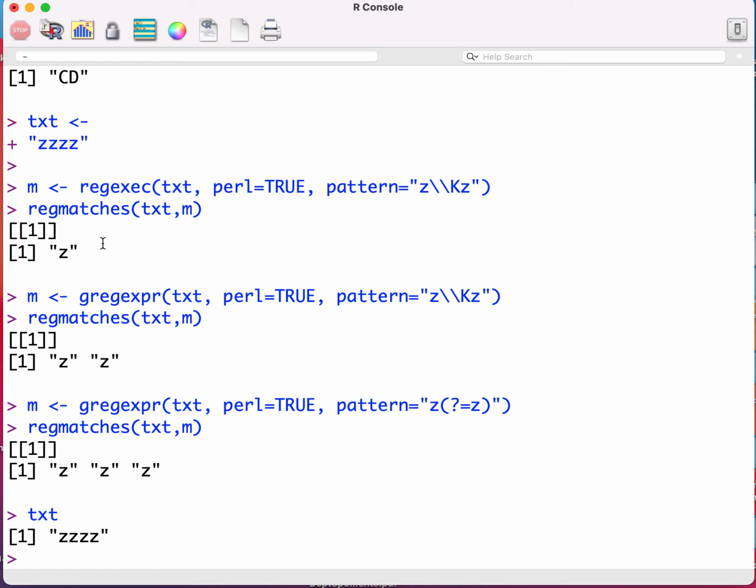So notice the key difference. This keeps moving forward as it matches. Throw stuff out, match, throw stuff out, match. This one resets backwards to the beginning of the look ahead each time. So they aren't quite the same thing.